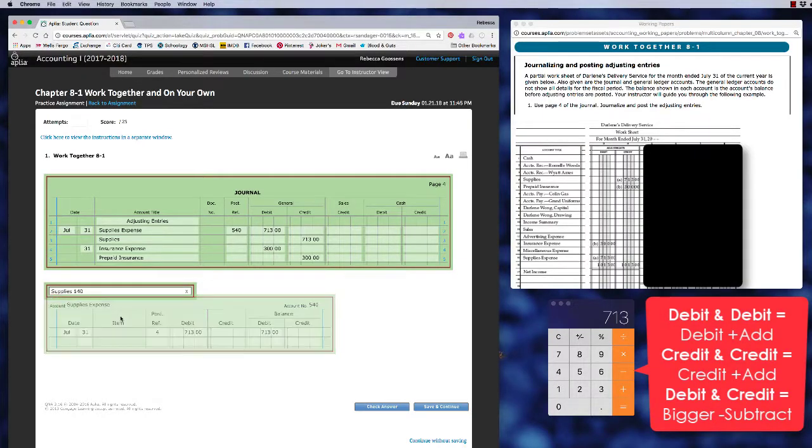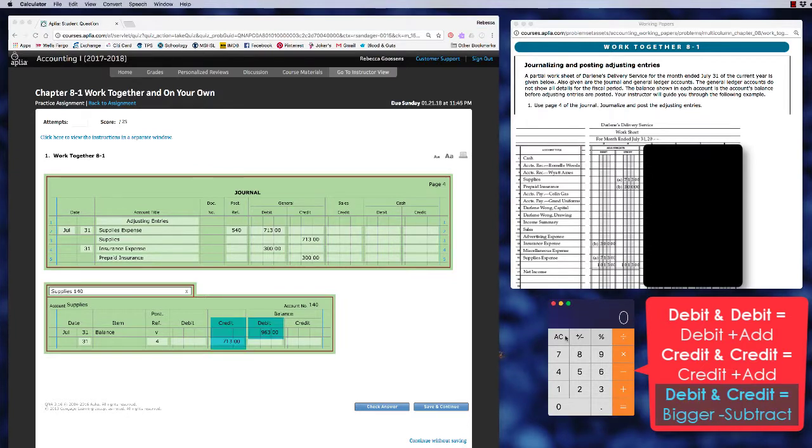I'm going to go down the line and do supplies next. And I'm going to write my date, the 31st. This post is on page 4 of the journal. Supplies was a credit, so I'm going to copy it down into the credit column. Here's an example where I have an existing balance of $963 of a debit. I have a current credit of 713. They are different, so I will subtract 713.